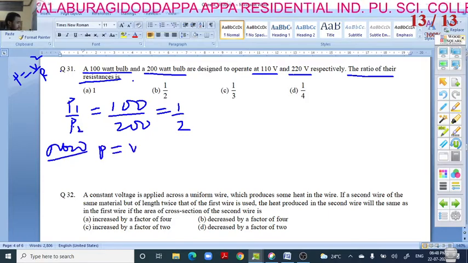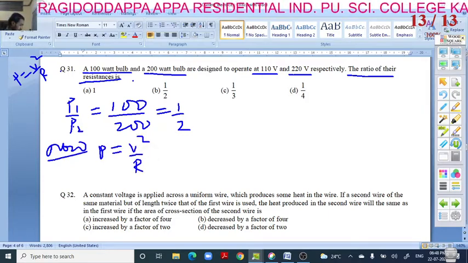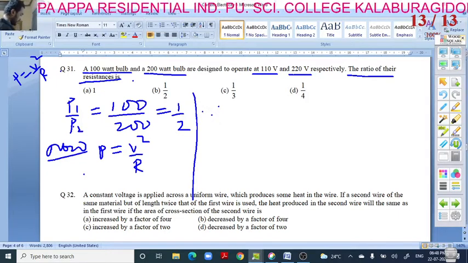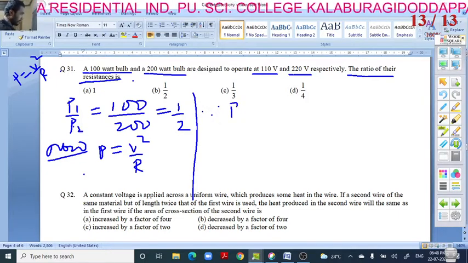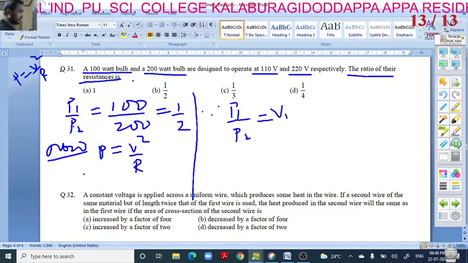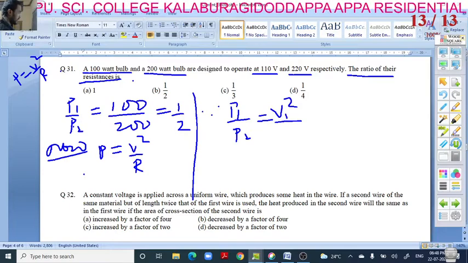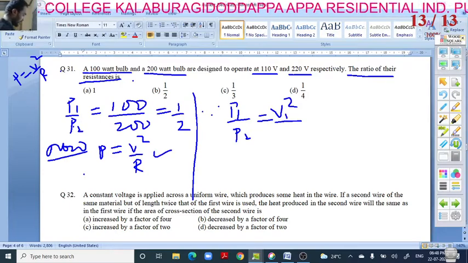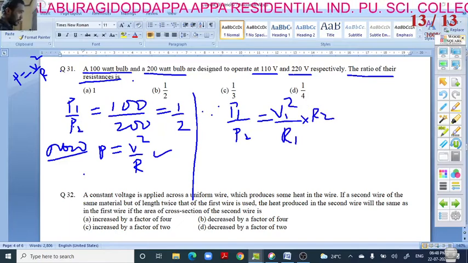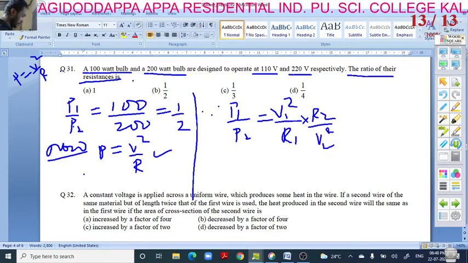Okay, now P is equal to V square by R, we know this. Therefore P1 by P2 is equal to, using the same relation, V1 square by R1 into R2 divided by V2 square, right?